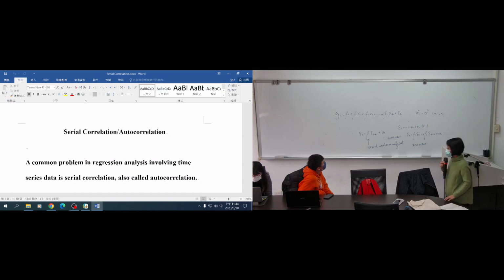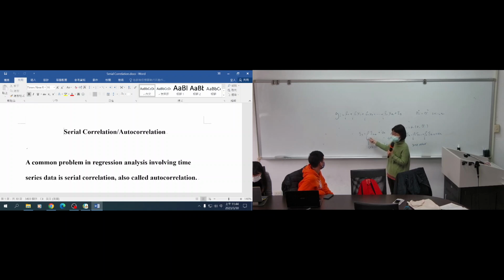And since this is a serial correlation coefficient, what is the range of this one? We know the correlation coefficient from before.